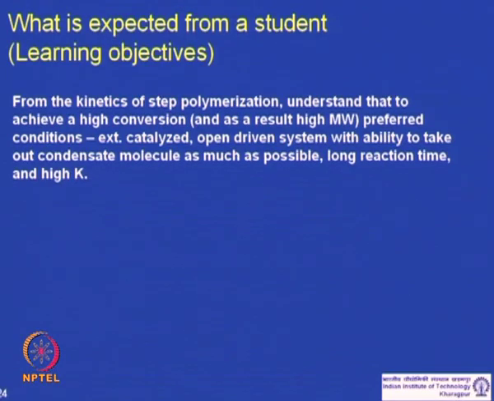From the kinetics of step polymerization, you should understand that to achieve high conversion and as a result high molecular weight, what are the preferred conditions? It should be externally catalyzed, it should be an open driven system, where your system should have the ability to take out the small molecular byproduct as much as possible from the system, and you must continue the reaction for a long time because the kinetics is slower.